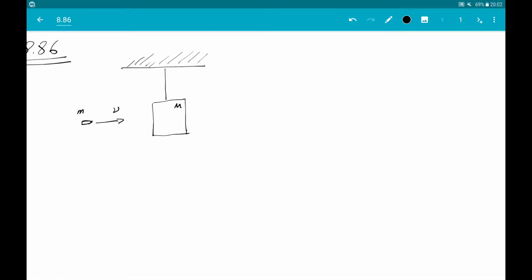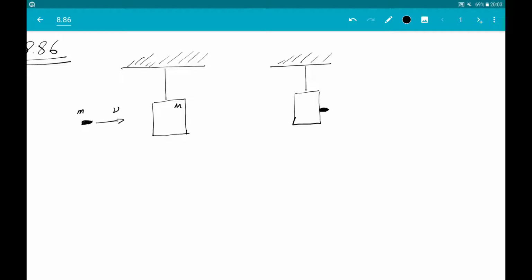So this is before the collision. This will be right after the collision. So there's some interaction time as the bullet's going through the block.